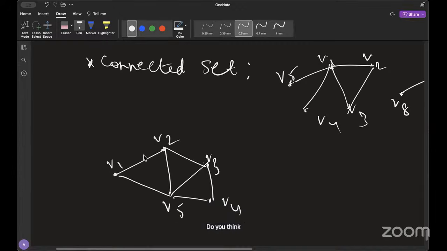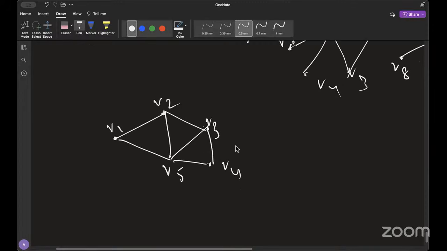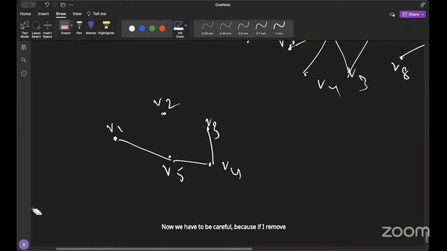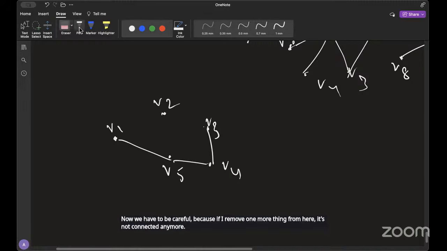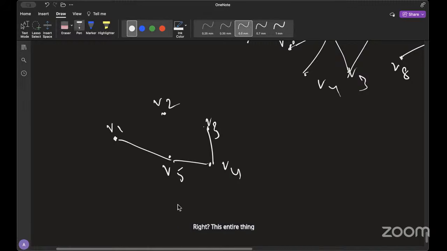Do you think it's connected? This graph is connected, right? Because from every vertex, you can reach every other vertex. If I remove this edge, it's still connected. If I remove this one, it's still connected. If I remove this one too, it's still connected. Now we have to be careful, because if I remove one more edge from here, it's not connected anymore, right? This entire graph is not connected.